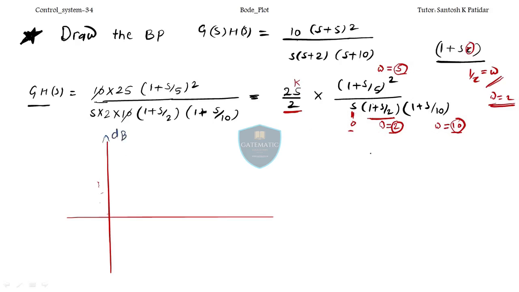S equal to 0, the first origin you are getting. One pole at origin. Okay, so the slope provided by this is minus 20 dB per decade, isn't it? Earlier we discussed, if you have n poles at origin, they will provide you minus 20 n dB per decade slope. Okay, and the magnitude is minus 20 n log omega. Omega is 0.1, this is the starting, so this will be plus 20.